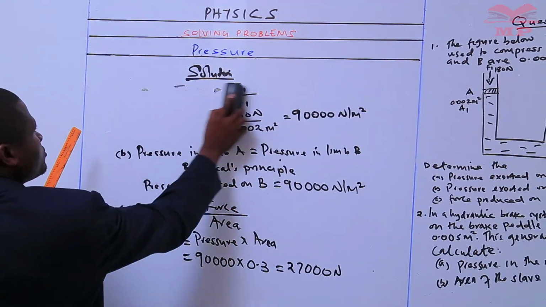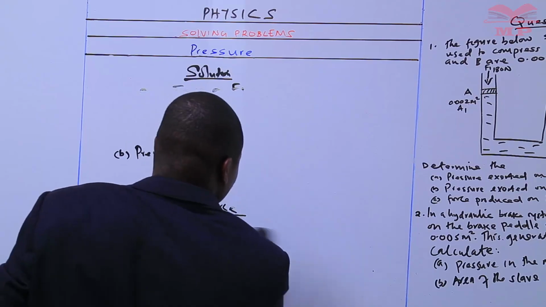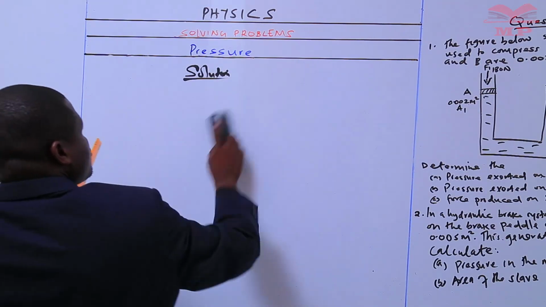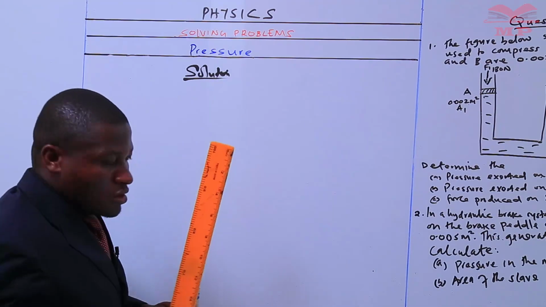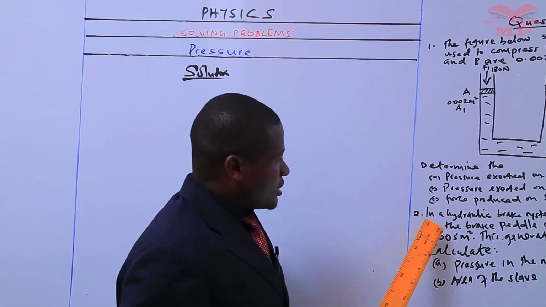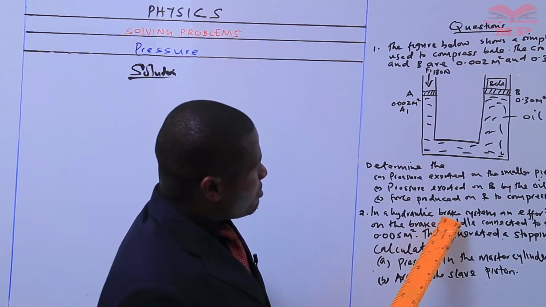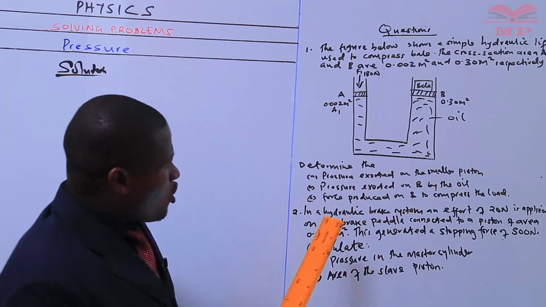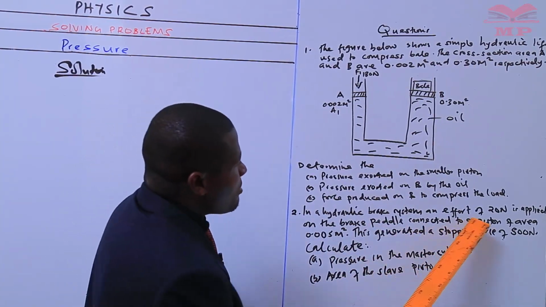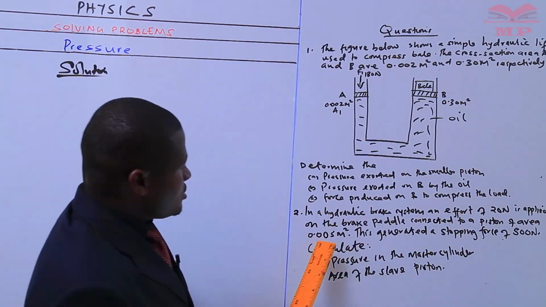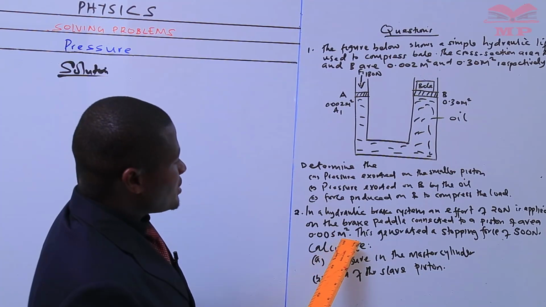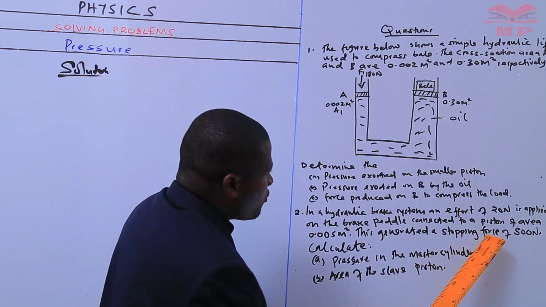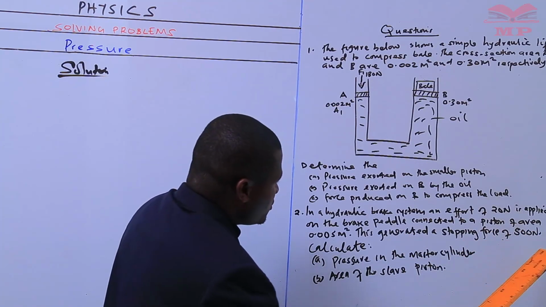Question 2. In question 2, it is written: in a hydraulic brake system, an effort of 20 Newton is applied on the brake pedal connected to a piston of area 0.005 meters squared. This generated a stopping force of 500 Newton.